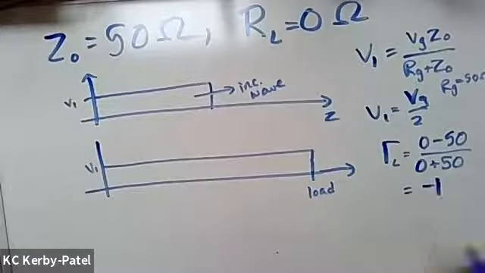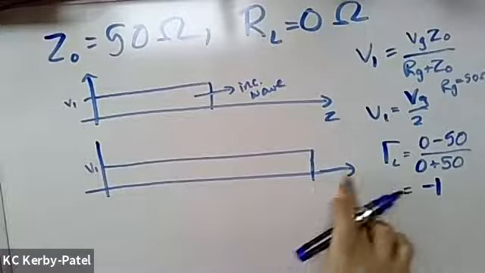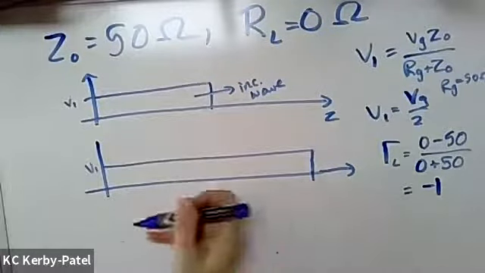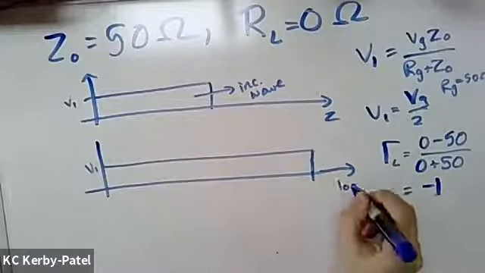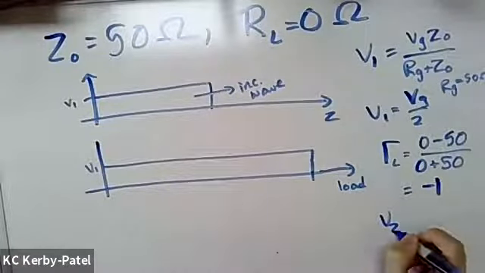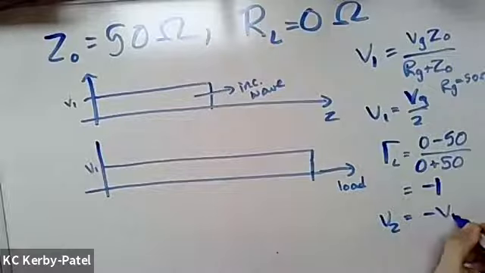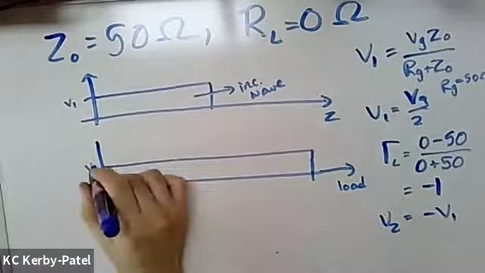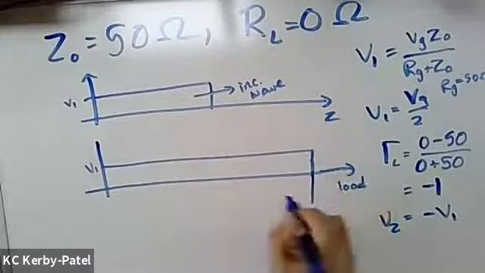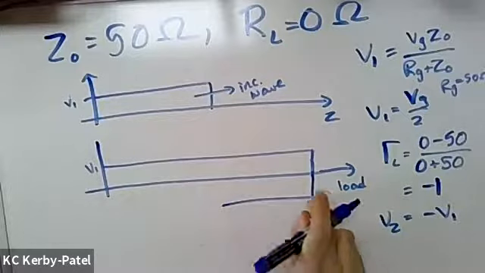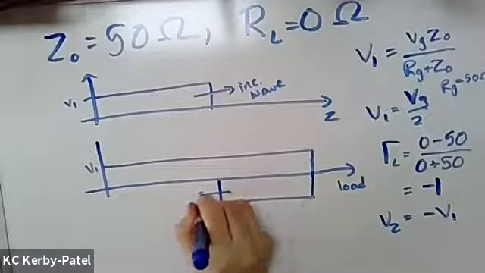So that is equal to -1. All right. So the backwards going wave, the one that's propagating back towards the generator, V2 is minus V1. So here's my backwards going wavefront like this.